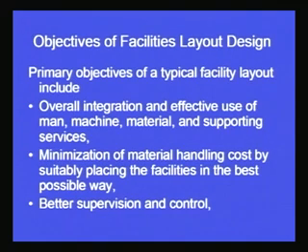So we want to design the layout in such a way that the material handling cost is minimized. So, first point is we want to integrate and make effective use of the resources within the manufacturing plant. And second thing is we want to minimize the overall material handling cost. Now, third is better supervision and control.